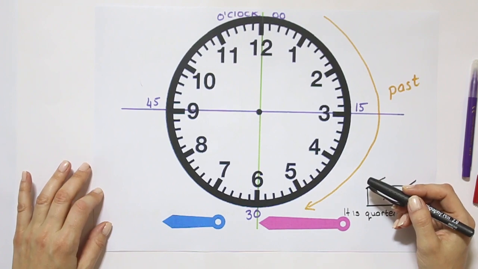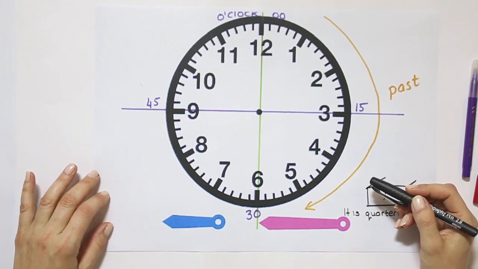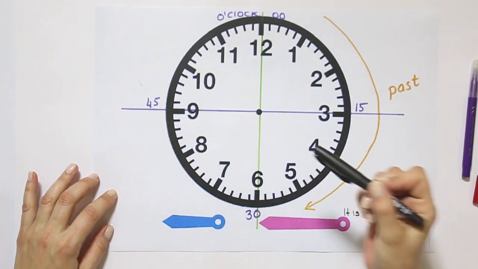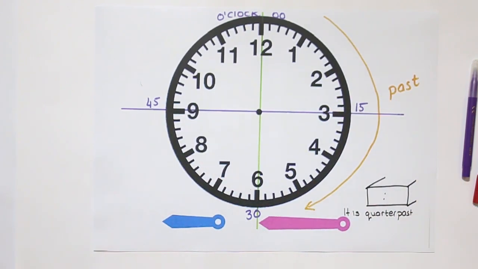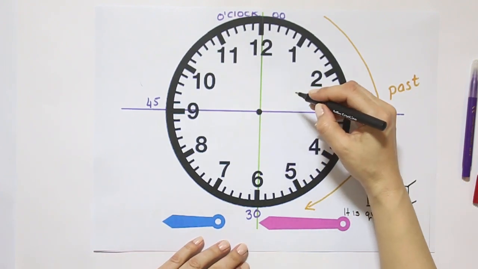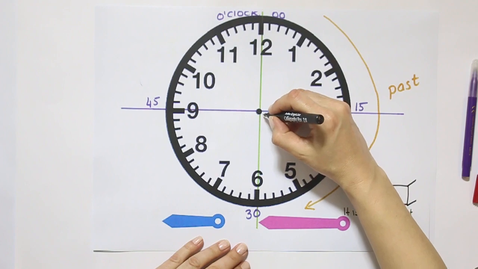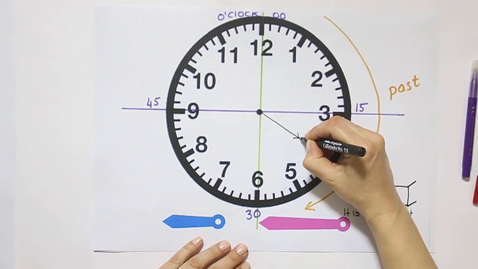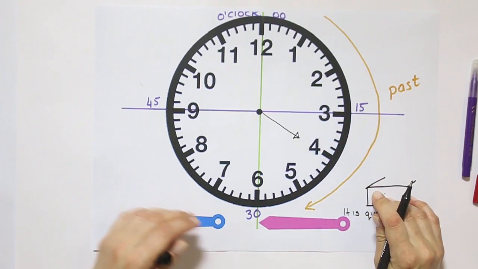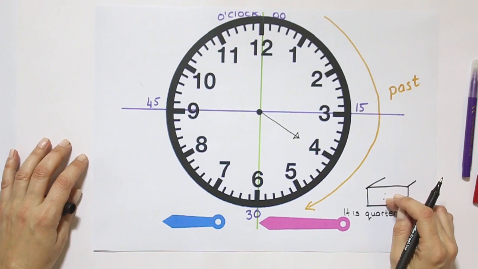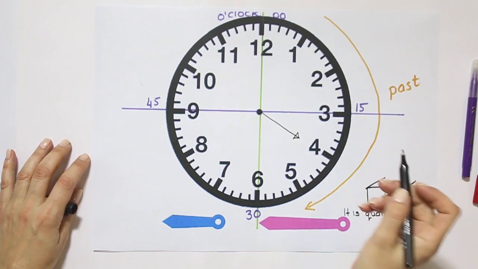Let's have a look. Remember, the hands move in this direction. Let's draw an hour hand here on the 4. And let's draw a minute hand on the 3.